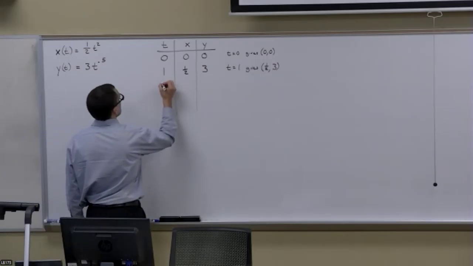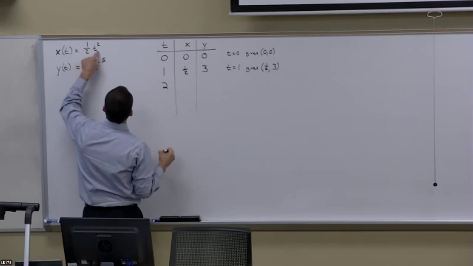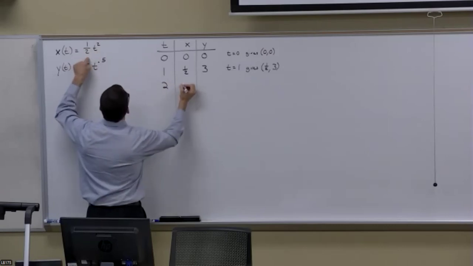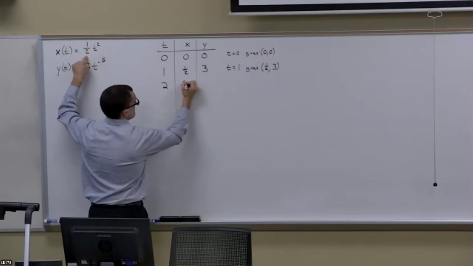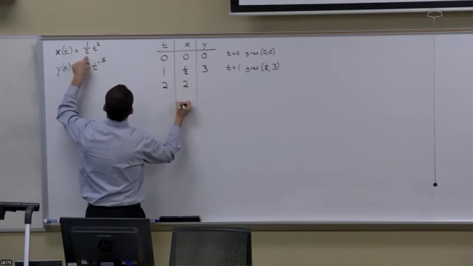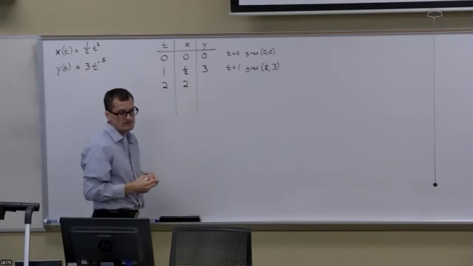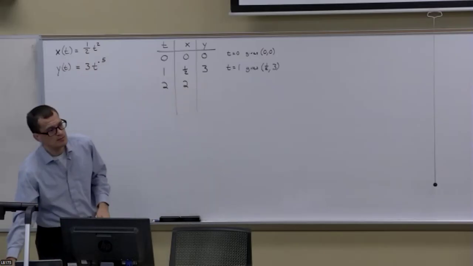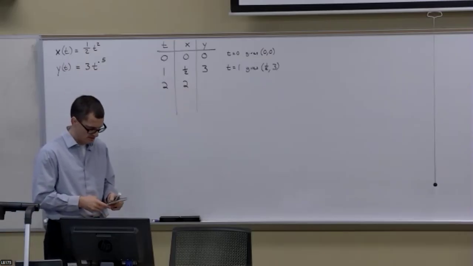If I put a t value of, let's say, 2, 1/2 times 2 squared, that 2 squared is 4, 1/2 of 4 is 2. 3 times 2 to the 0.5, I'll give the decimal approximation for that. 2 to the 0.5 is an irrational number.